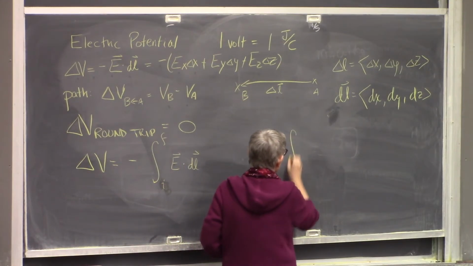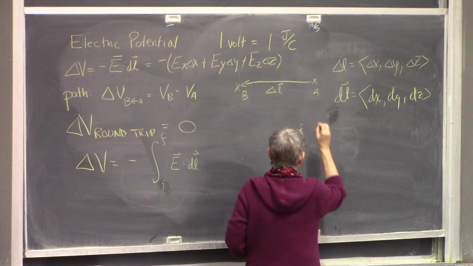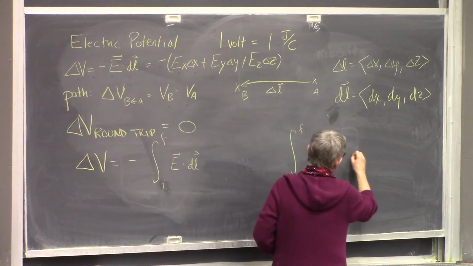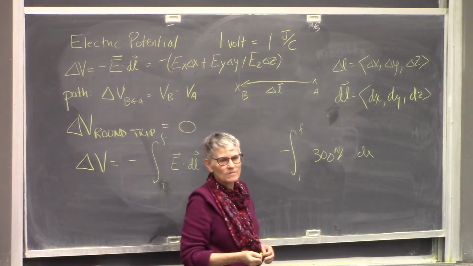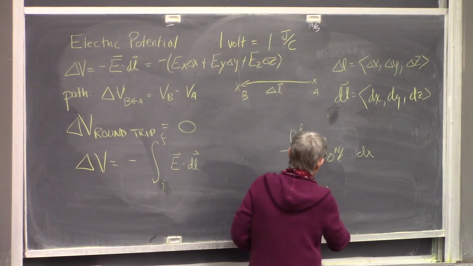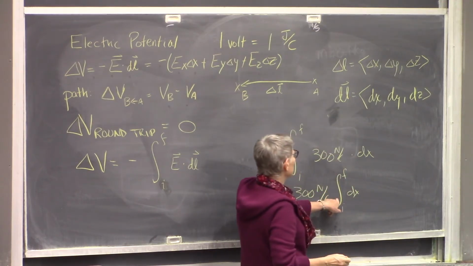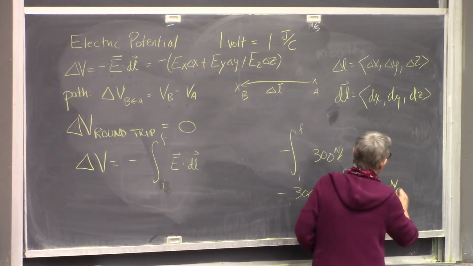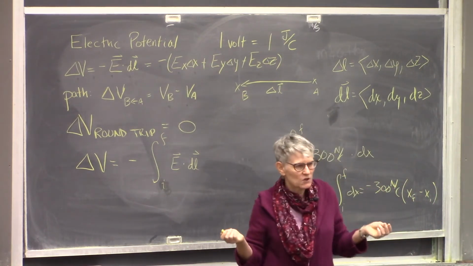So then we get the integral from some initial value to some final value of 300 newtons per coulomb times dx, which comes out to 300 newtons per coulomb times dx from initial to final, so that comes out to a minus 300 newtons per coulomb times x final minus x initial, and that's exactly what we were using before, right?